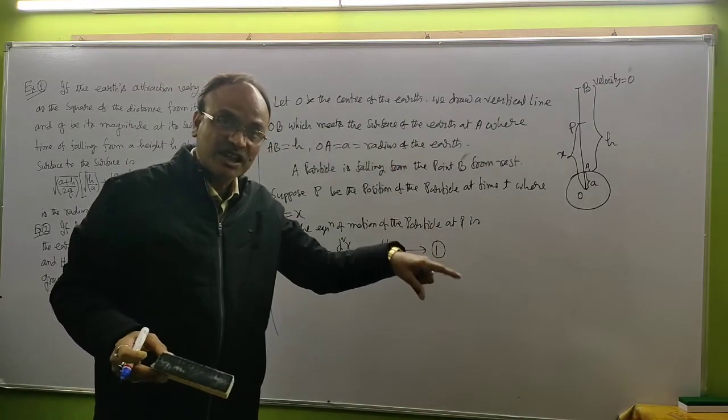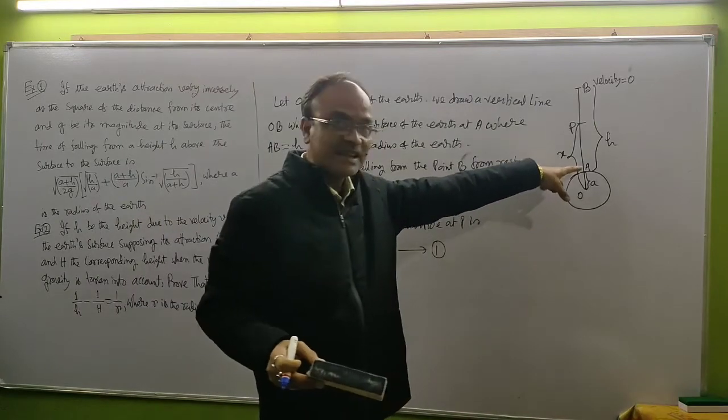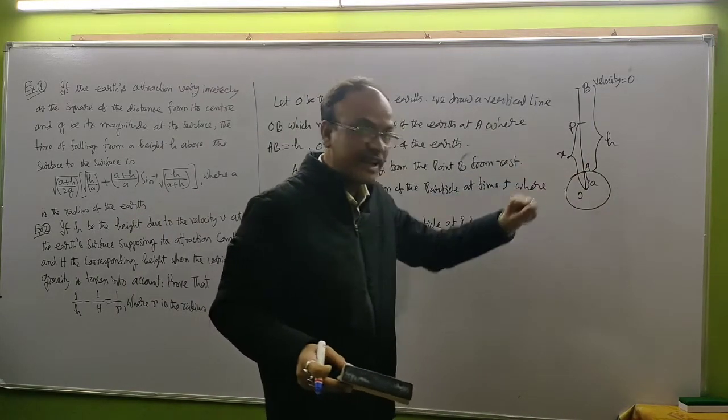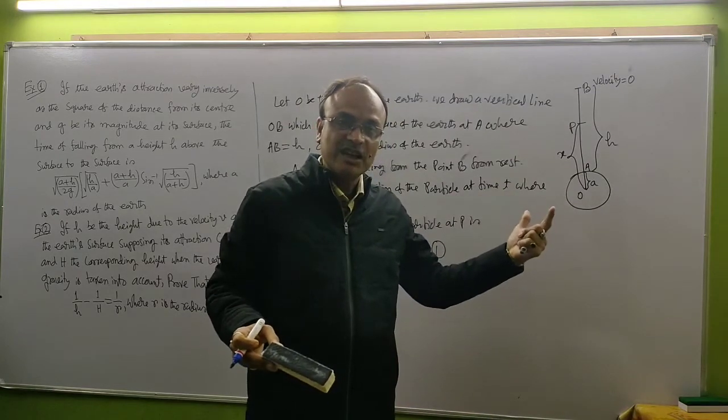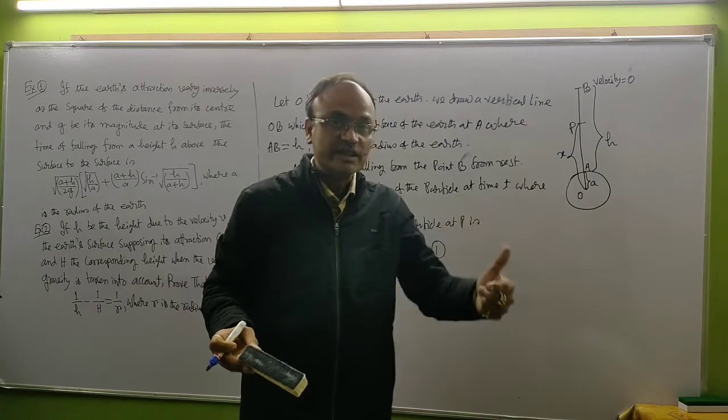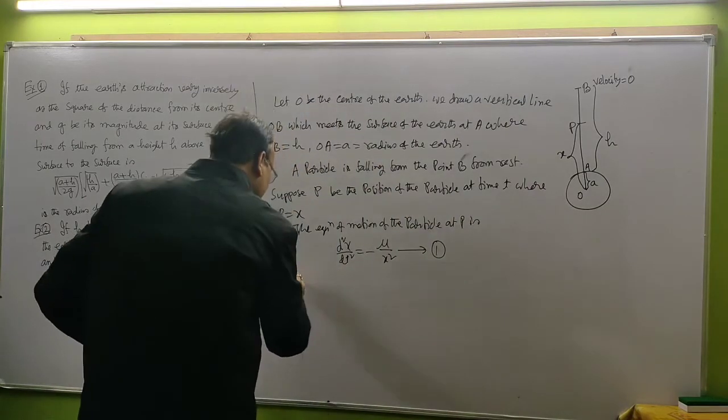Now, at the earth's surface, that is at the point A, what is x? x is equal to a, and the acceleration is equal to g.